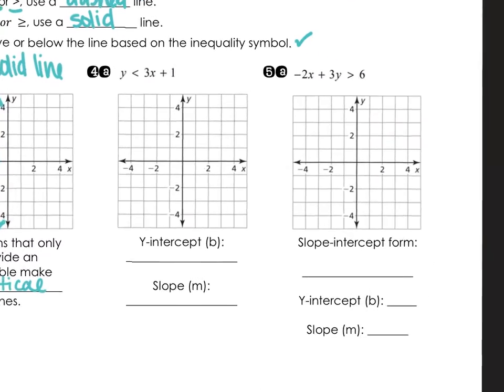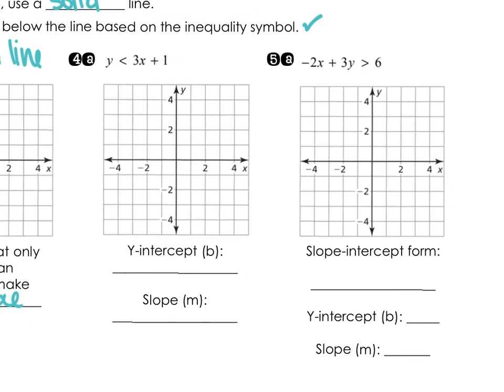All right, we'll try 4a. It's more in the form we're used to, y equals mx plus b. So instead of an equals though, we have our inequality, okay? So 3 is my m, or my slope, and y-intercept is 1, or my b. So I'm going to start this just like you did for graphing lines last week.